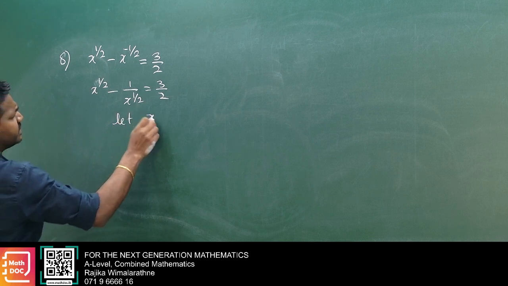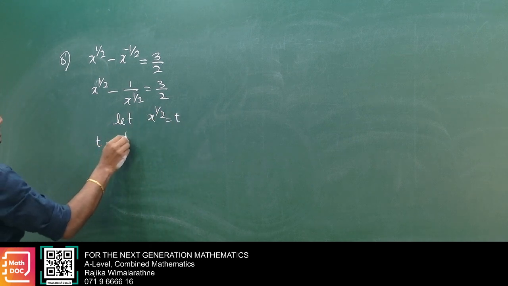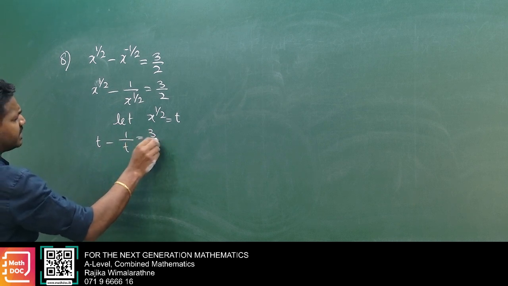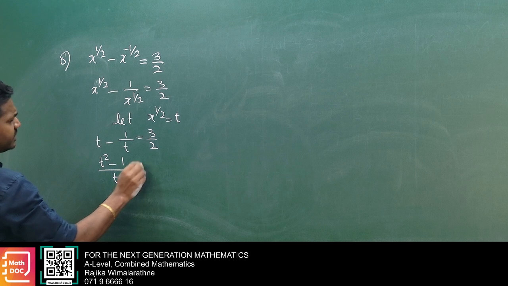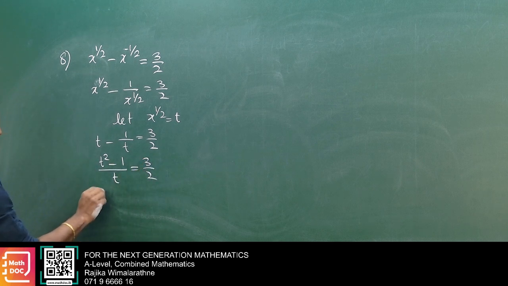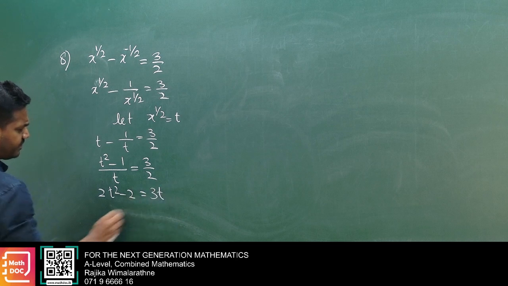Now take substitution: x to the power half equals t. Then here t minus 1 over t equals 3 over 2. t square minus 1 over t equals 3 over 2. Multiply by 2t: 2t square minus 2 equals 3t.